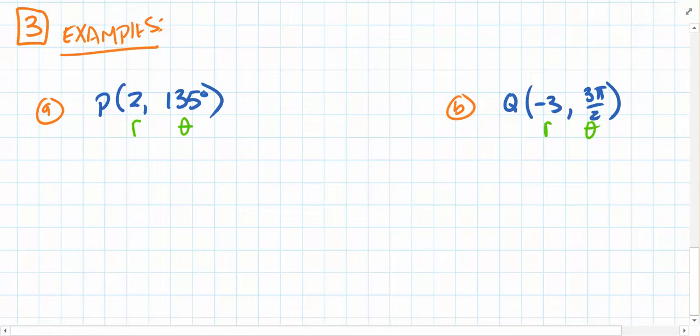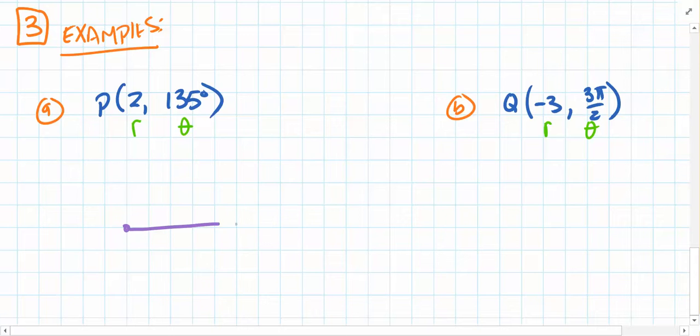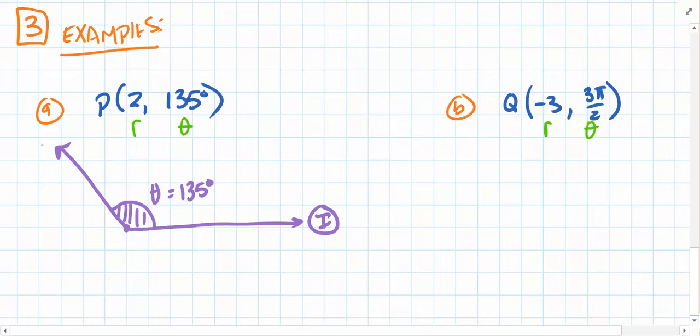So again, always start with the pole and the polar axis. Okay. From there, draw your angle. 135 degrees would be this angle here. This is the angle theta equals 135 degrees. Okay. The polar axis represents my initial side. The other ray is called my terminal side. R is a value of 2.